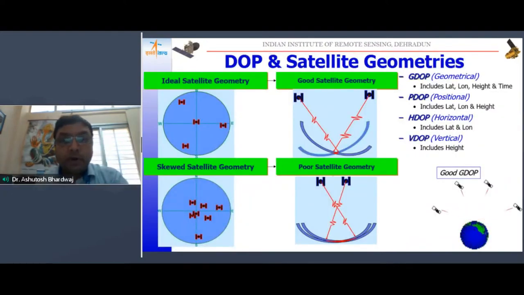Coming to the next point, now the satellites are there, and we understand that they are part of a very dynamic system, and at every moment there are different satellites which are visible from one place, and the number also changes. Sometimes 7 are visible, sometimes 8 are visible if you are using a single service system, either GPS or GLONASS.